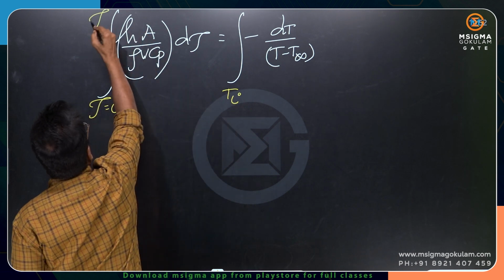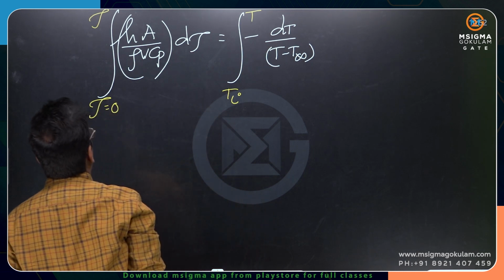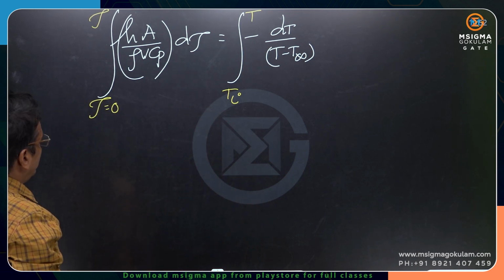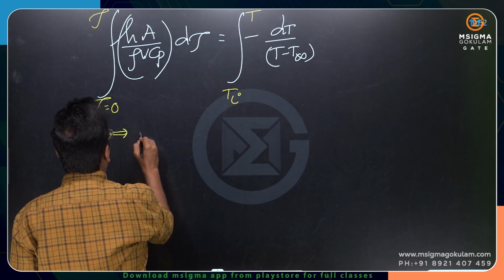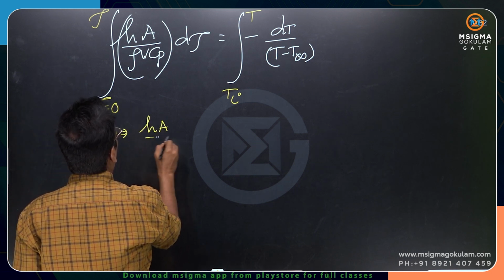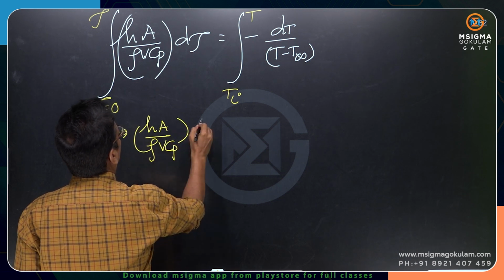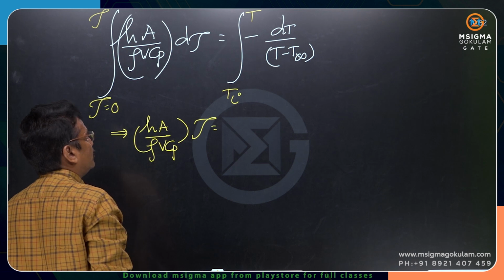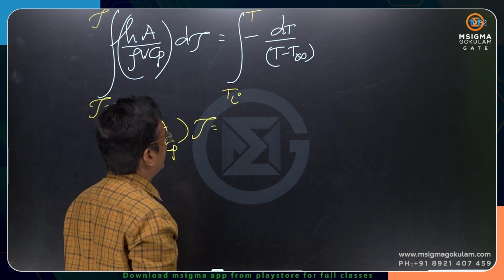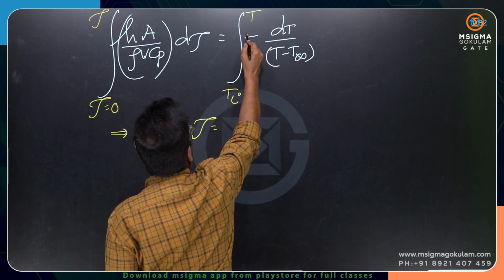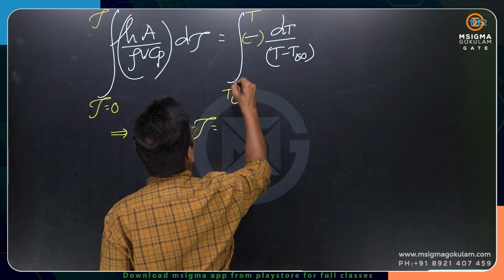Tau is equal to tau, correspondingly temperature T. We can take this HA by rho V Cp as a constant, right? We can take it outside the integral, into tau, because when you write the limits of integration, it becomes a definite integral. Remove this minus and you can interchange the limits.